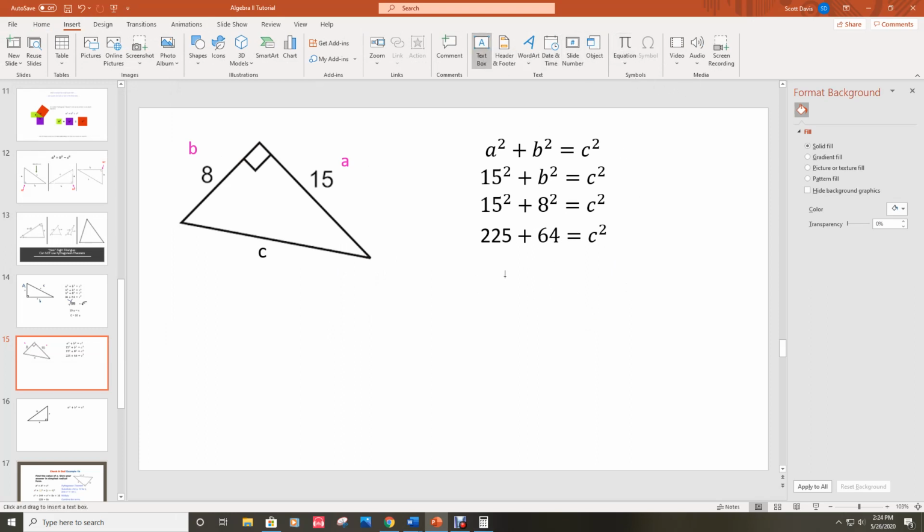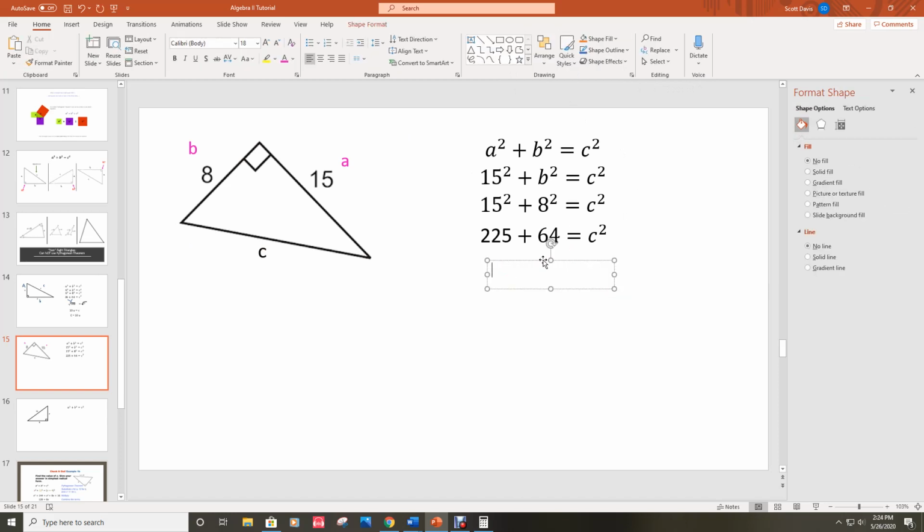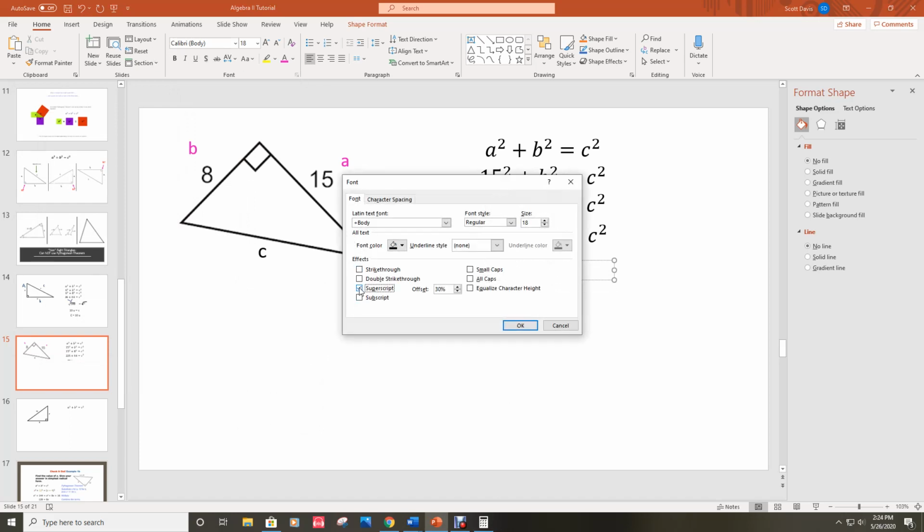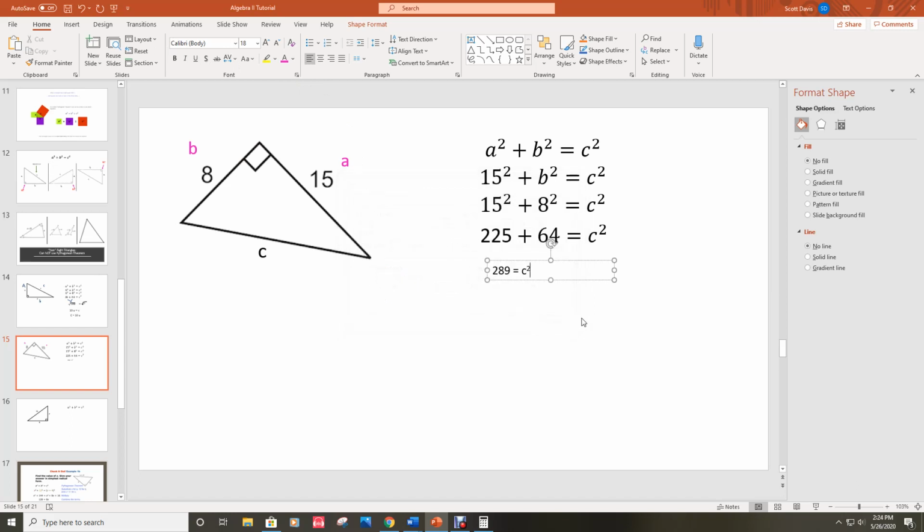All right. So I'm going to insert a text box here because, what did we say it was? 289 equals C squared. All right, let's make that bigger.